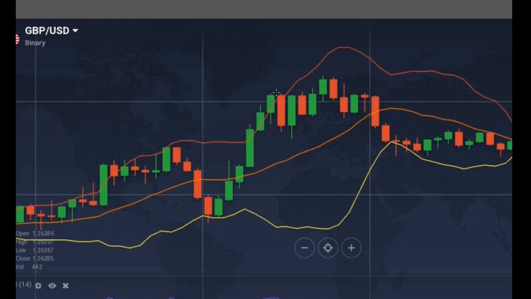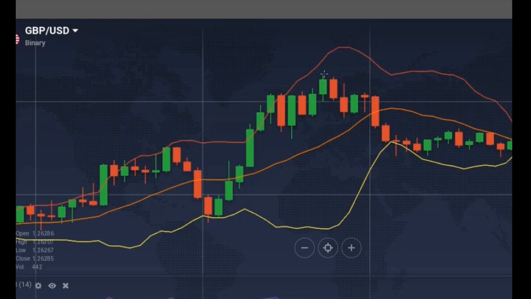There's a cross of the Bollinger Band, and then you can clearly see that price retraced back into the band, and then price continued the trend after breaking the previous resistance level. Okay, so the price continued the trend.